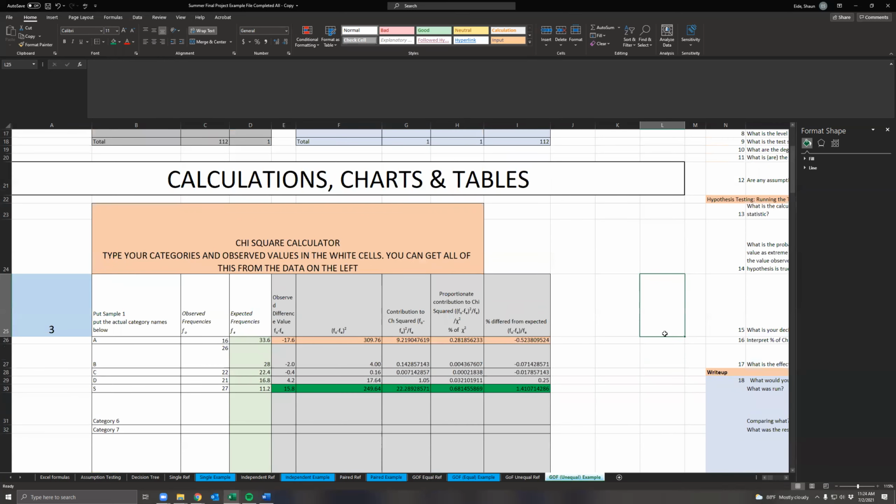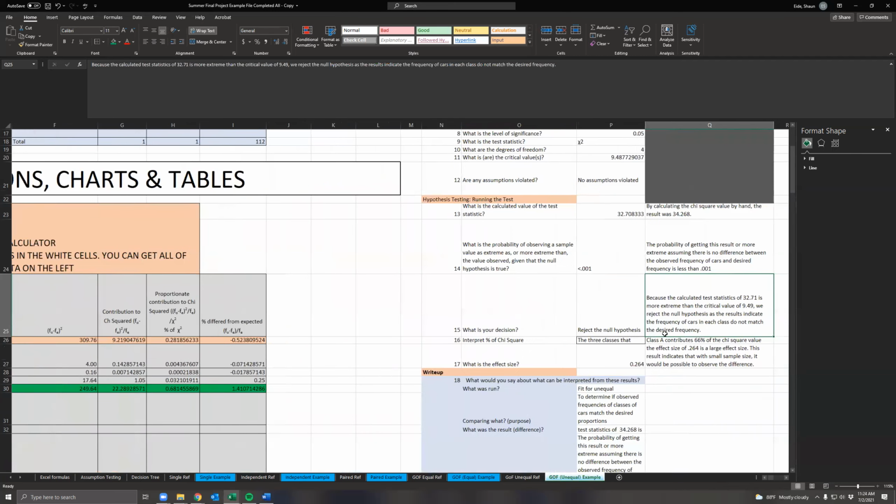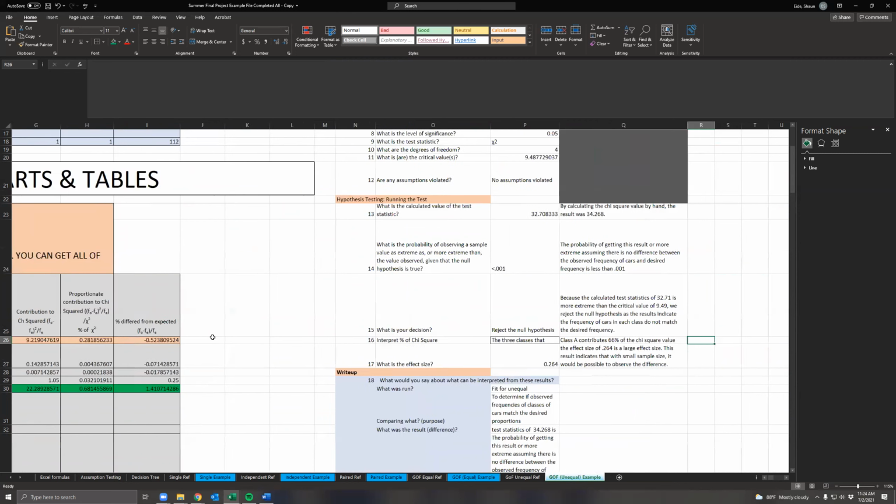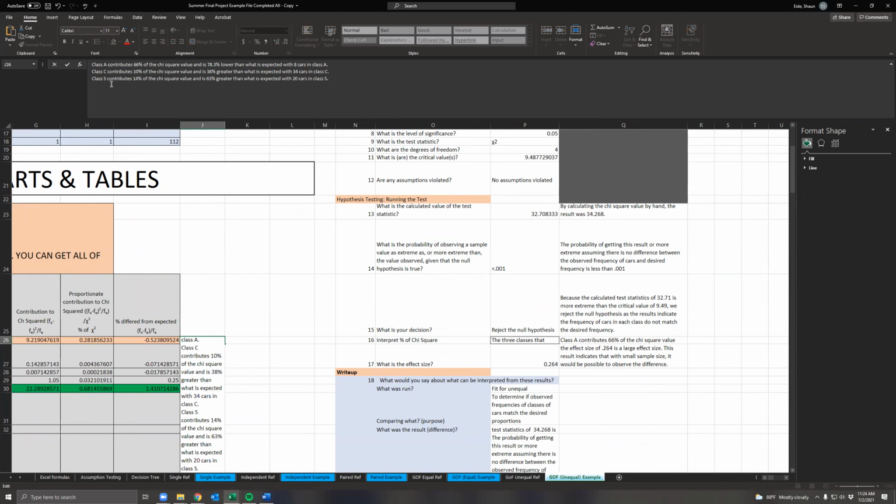Okay, and so I'm going to come over here and I'm going to say, what is it that contributes to chi-squared? Okay, so we're going to say class A contributes and class S contributes.